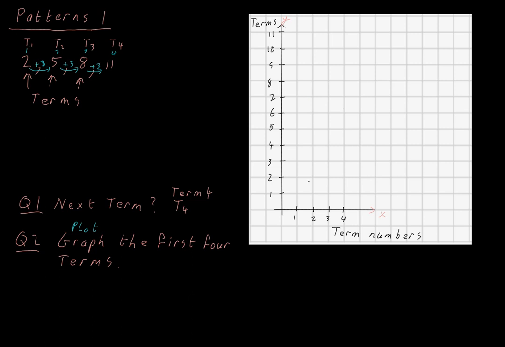Well, term 1, so we start at the origin and go in the door 1, and up the stairs 2 on our terms. So we have that there. That would be 1 on the x and 2 on the y.